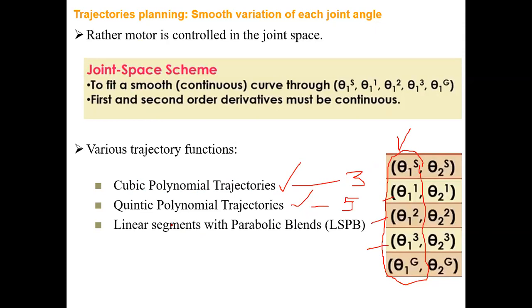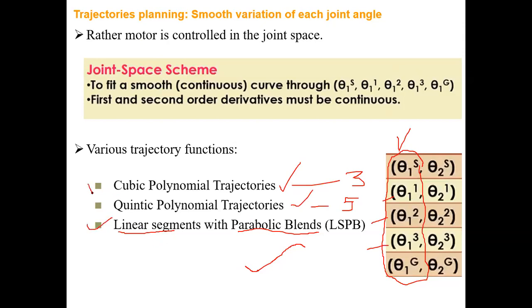Then we have a linear one, but with a parabolic blend. We put the parabolic part at the end. Suppose you have a function like this, and at the end you make it a little bit parabolic like this. Similarly, here also you make it a little bit parabolic like this. So that's your linear segment thing.